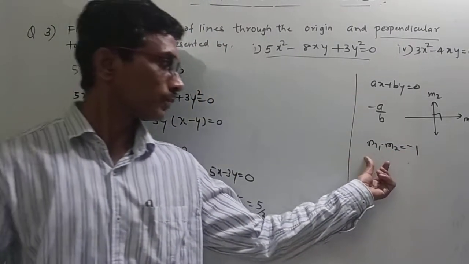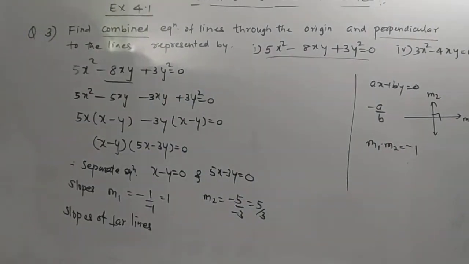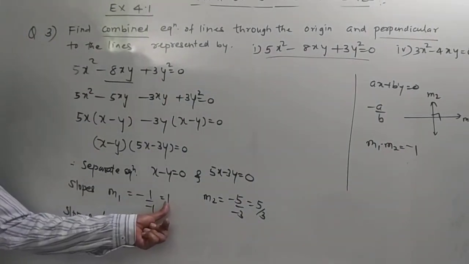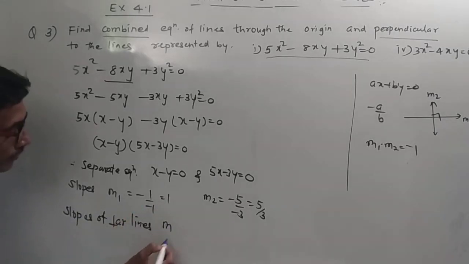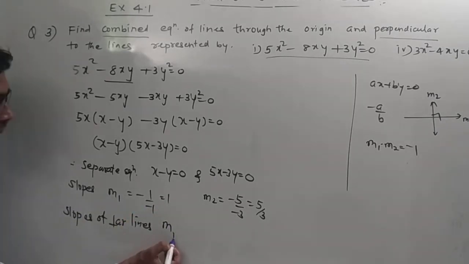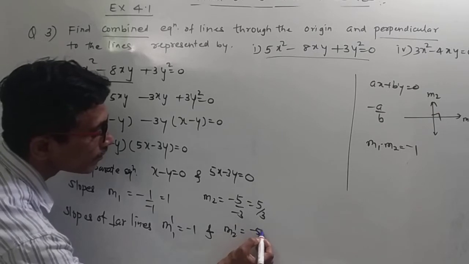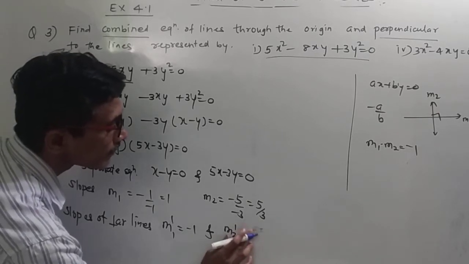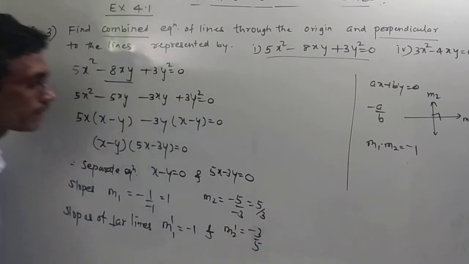So if the slope of one is known, the other will be negative and reciprocal. So slope of the perpendicular line will be minus 1. So slopes of perpendicular lines m1 dash will be minus 1 and m2 dash will be minus 3 upon 5. Negative and reciprocal, that is minus 3 upon 5.